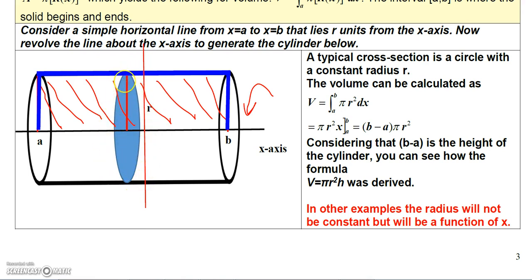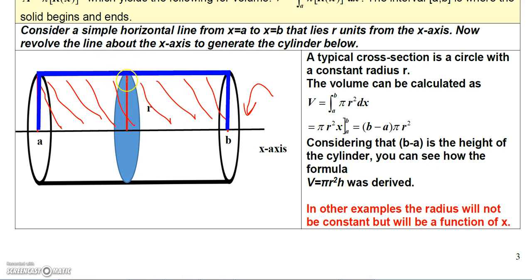So what we need to do now is use that circle and find the distance from the x-axis up to the line, and that's going to be the radius that we're looking for.